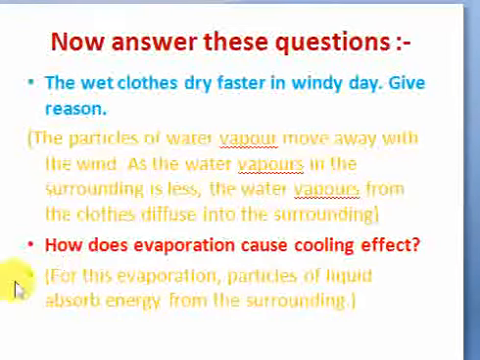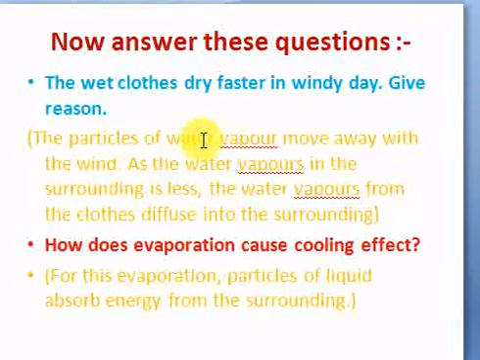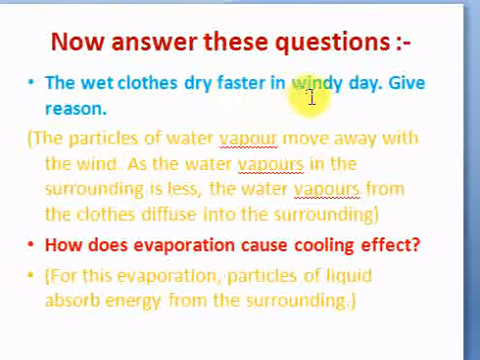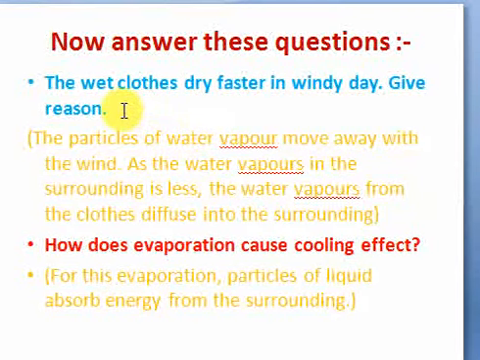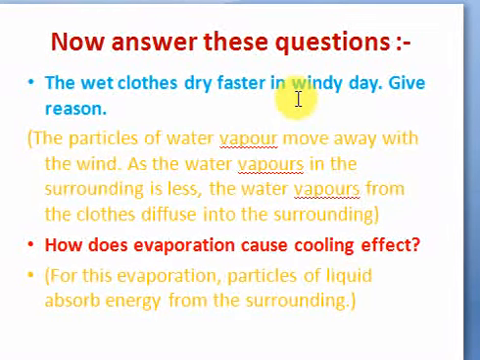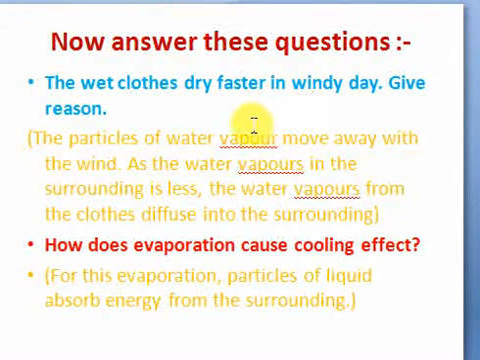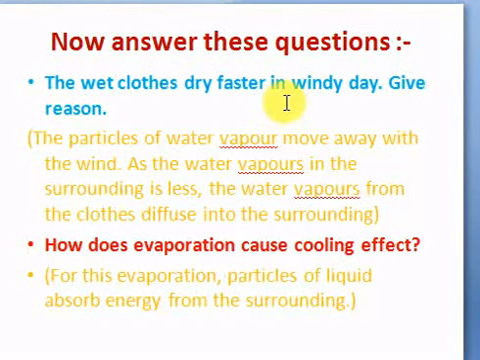Then one more question we are going to discuss now, that is the third question. Why does wet cloth dry faster on a windy day? Give reason. Because wind takes away the evaporated water vapor to distant places.